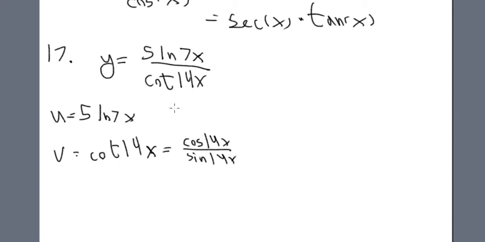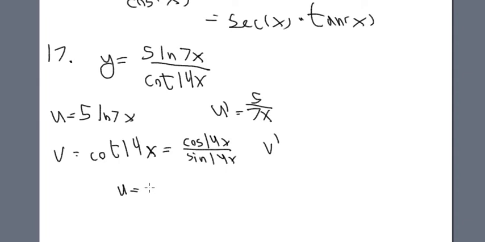So the derivative of the top is easy. U prime, let's see, derivative of the inside is 1. So 1 goes on top of the 5, so we have 5 over what's on the inside, 7x. That's u prime. V prime, I'm going to have to do quotient rule. So this is a quotient rule inside a quotient rule.